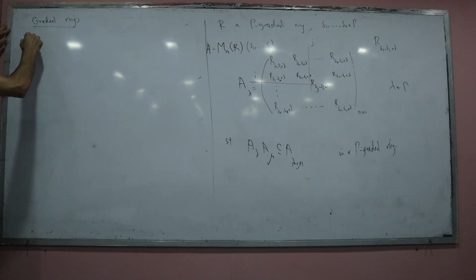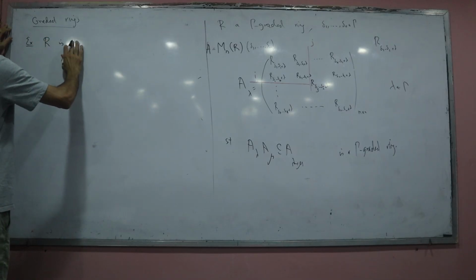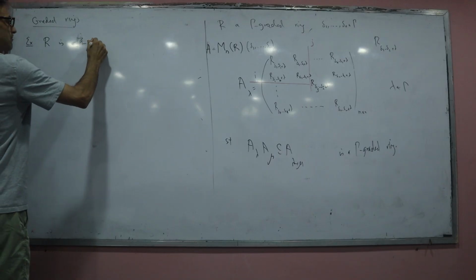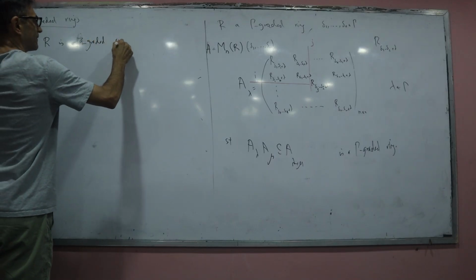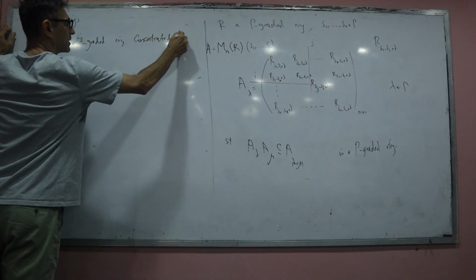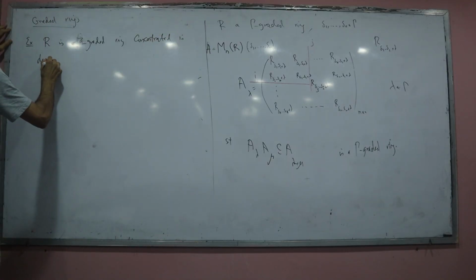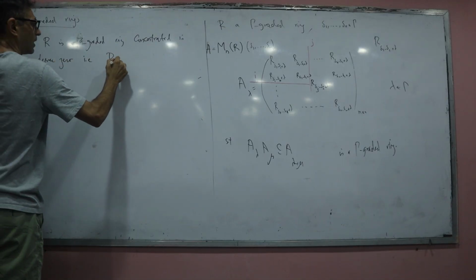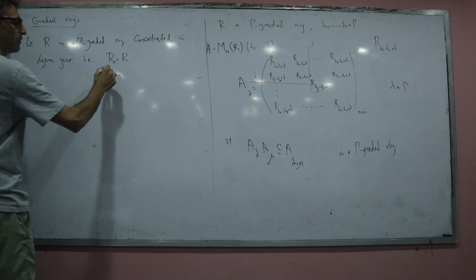So suppose now, for example, R is a graded ring, gamma graded ring, or even Z graded ring, concentrated in degree zero. Meaning R0 is the whole R, everywhere else is 0.